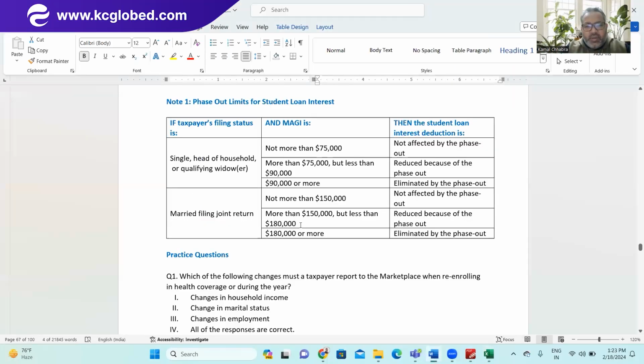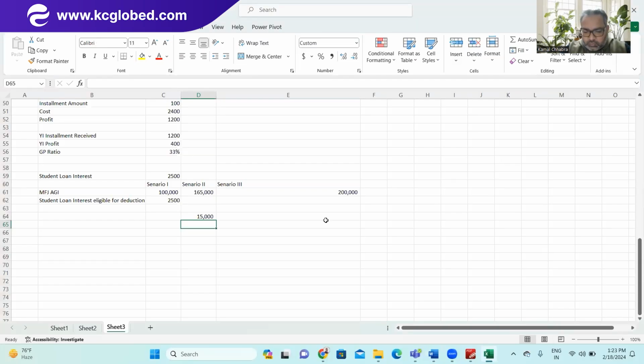In this scenario, the phase out range is between $150,000 and $180,000. That is $30,000. Clear? So the phase out room is $30,000.